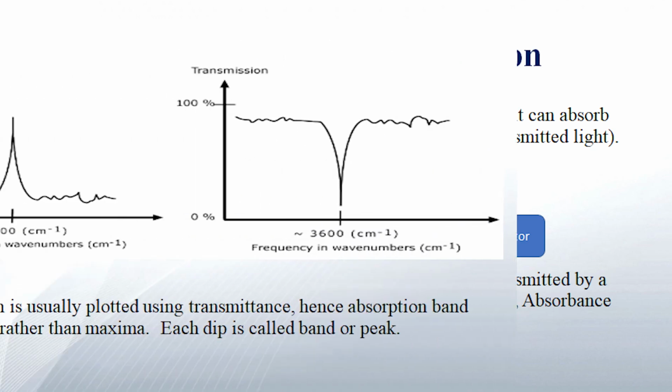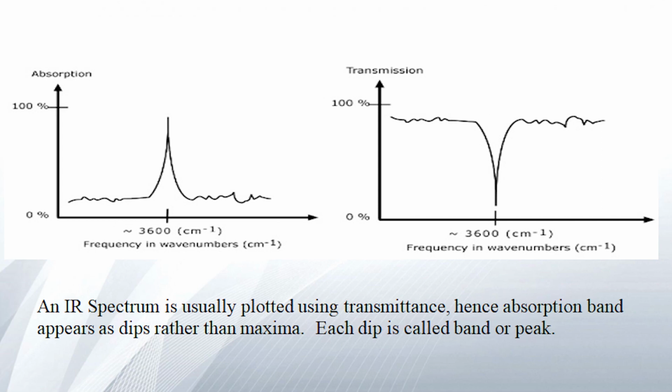In IR spectroscopy, the graph mainly deals with frequency versus absorption or frequency versus transmission. Both of them are inversely proportional. If the IR spectrum is usually plotted as transmittance, the absorption bands appear as dips rather than maxima. Each dip is called a band or peak.